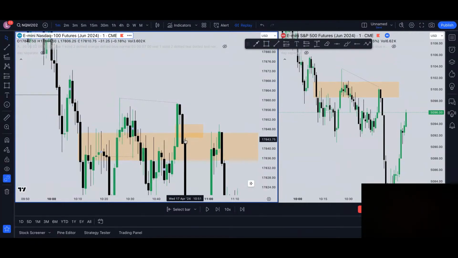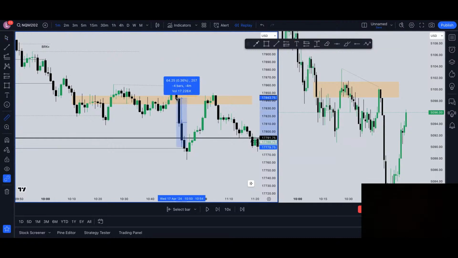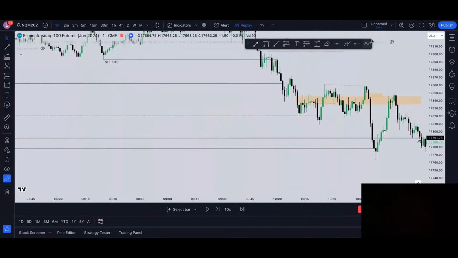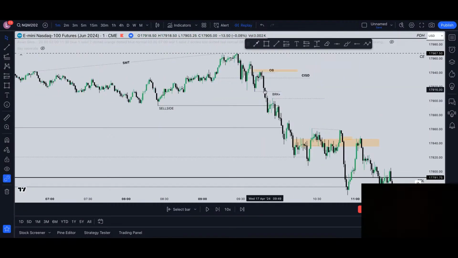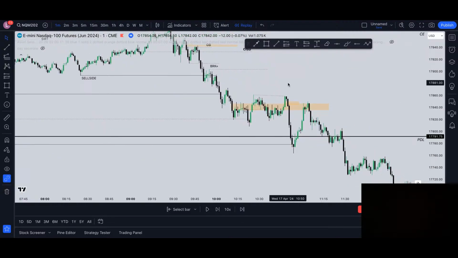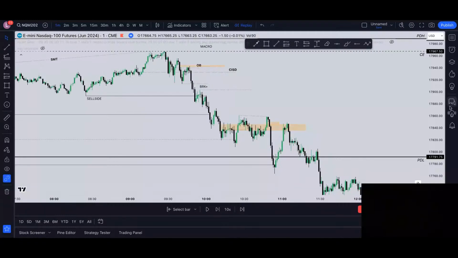Closed below this fair value gap, and a quick run for 65 handles on NQ. That's where I took a loss, but there were logical trades. Can enter over here, can enter over here, stops up above there. If taking a breaker, stops over here, targeting the sell side. And I'm not interested after that, like one move is done.